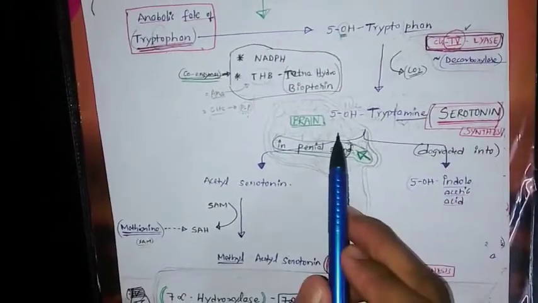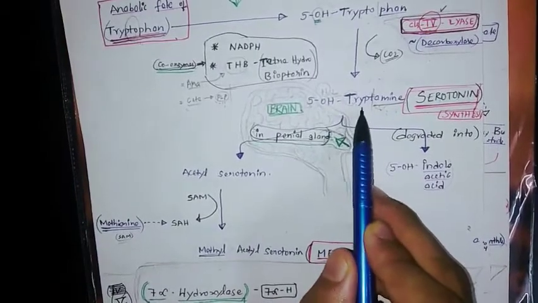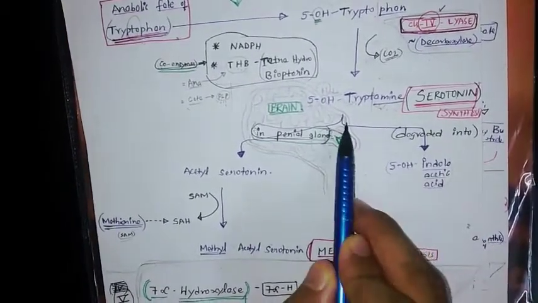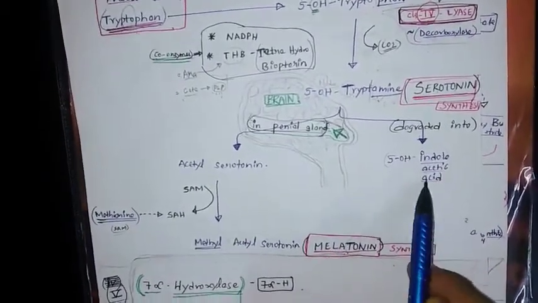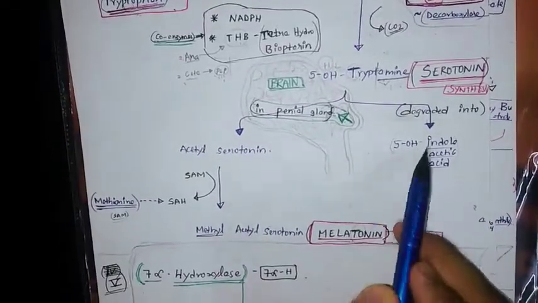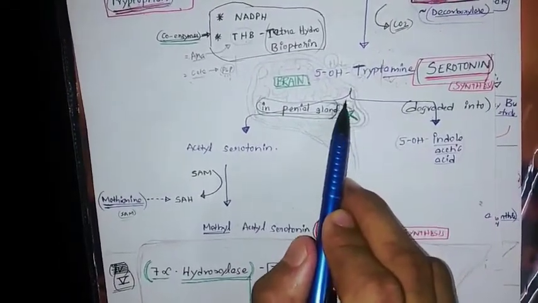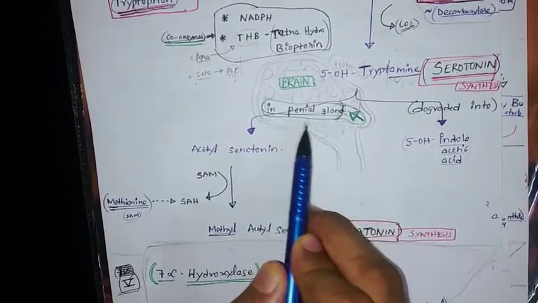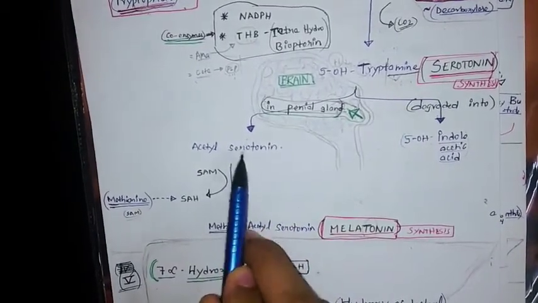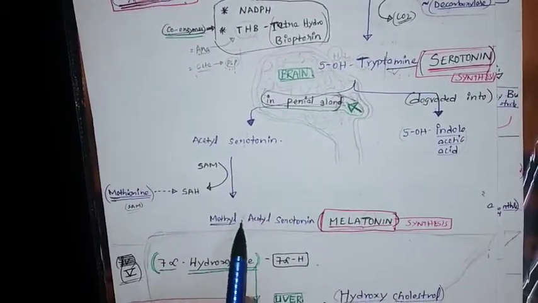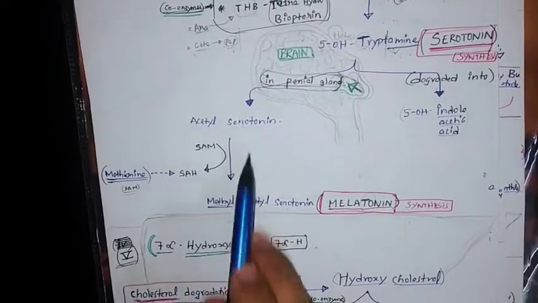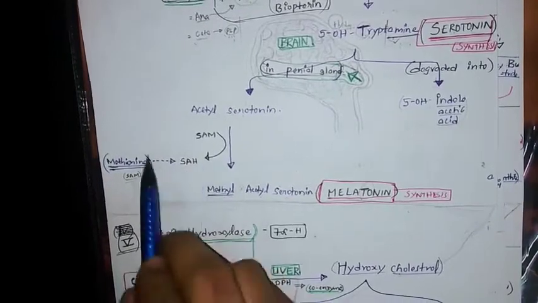Okay. While getting to this serotonin, it is degraded into 5-hydroxyindoleacetic acid. You can remember this while reading metabolism. And in the pineal gland in the brain, it is converted into acetyl serotonin, and acetyl serotonin is converted into methyl acetyl serotonin. You can remember this later in metabolism.